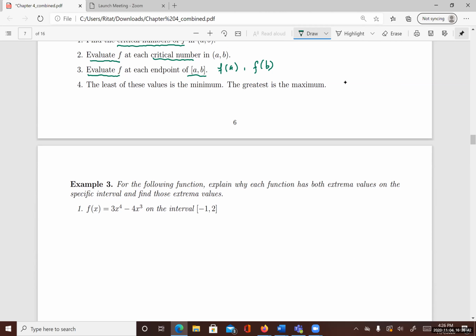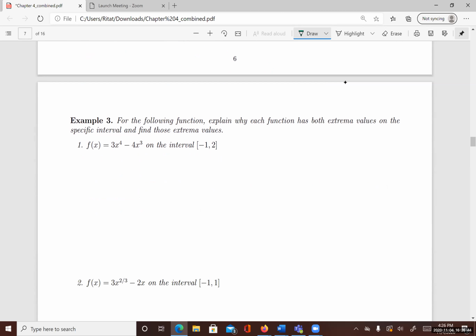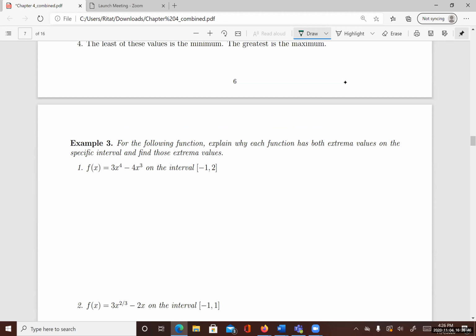Okay, let's look at an example. For each of the functions, explain why each function has both extrema values and find those extrema values. First, this function is a polynomial function.